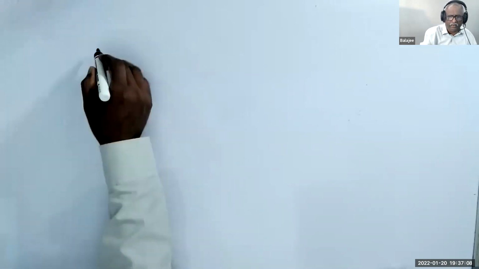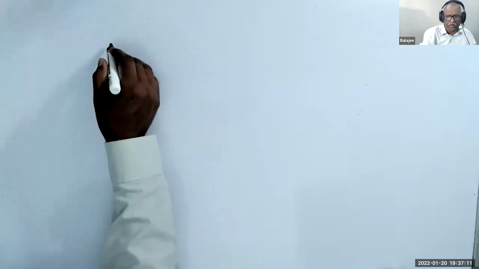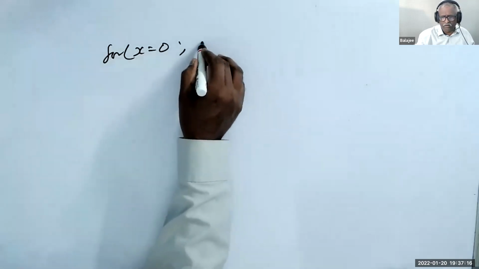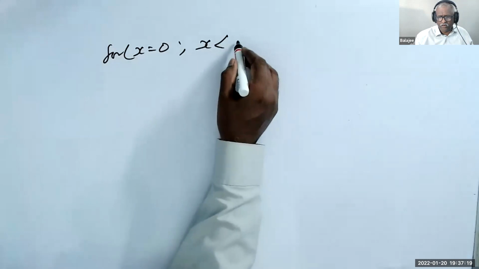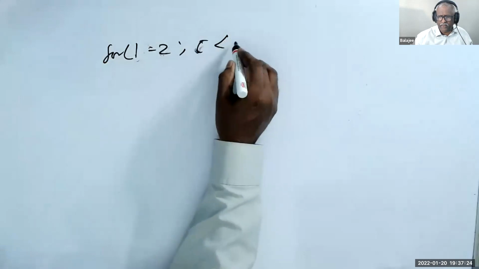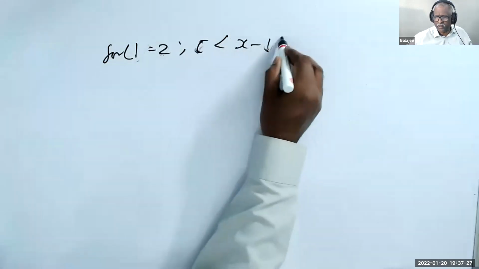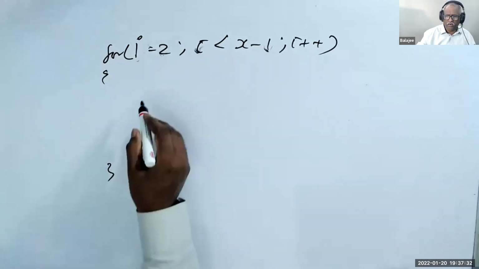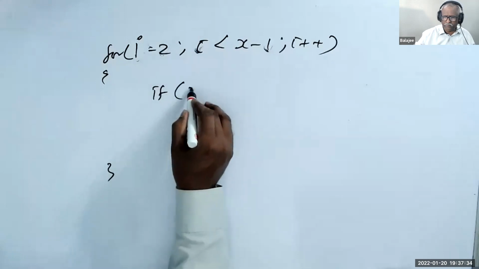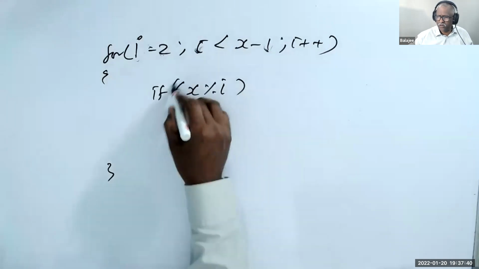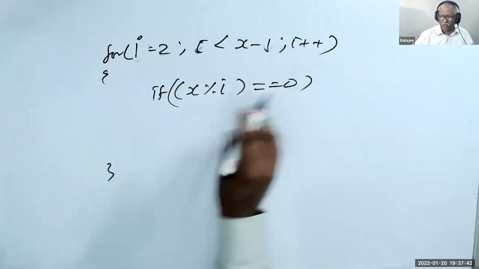If you start writing the program like this, for i equal to 0, i less than x minus 2, x minus 1, i plus plus, if x percentage i equals zero, then do this.